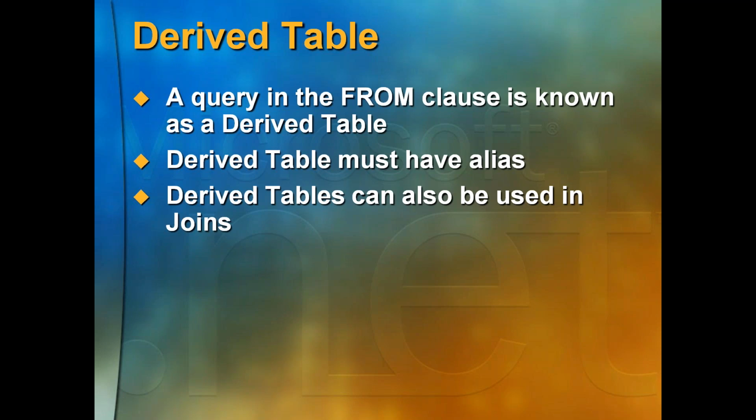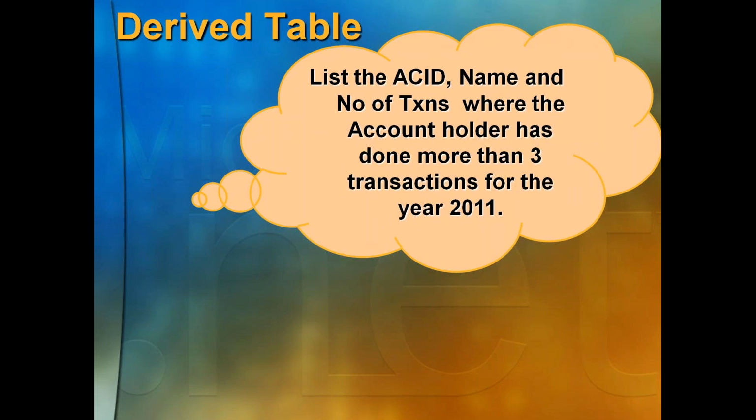This is one more thing that I should understand. Now, this is one logic requirement. For this requirement, you need to write a logic. List the account ID, name, and number of transactions where the account holder has done more than 3 transactions for the year 2011. So, you can easily join two tables. Why can we easily join two tables?